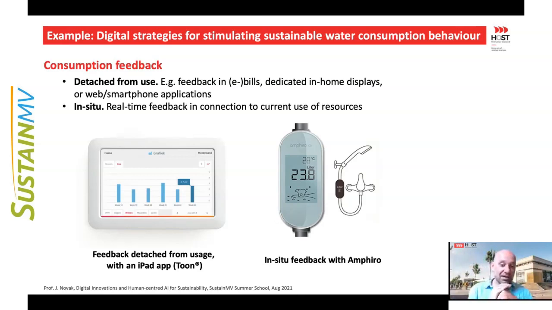There are some devices you can attach, for example, to your showers which show you the water that you are using, and some feedback also tries to show you, and that's very important, the implications of whether this is a lot or a little, and what consequences a prolonged usage of the type that has been measured could lead to.